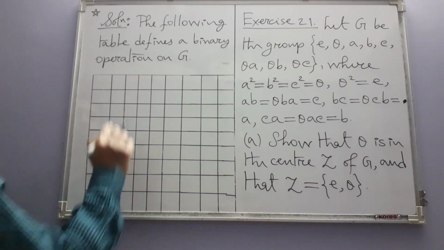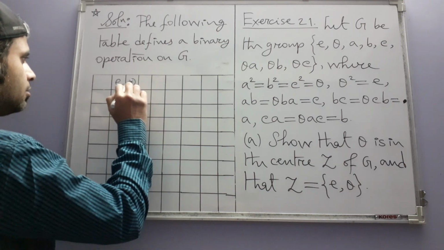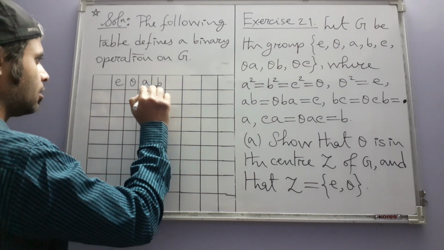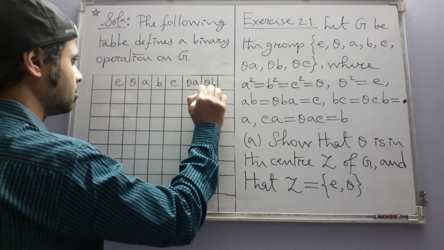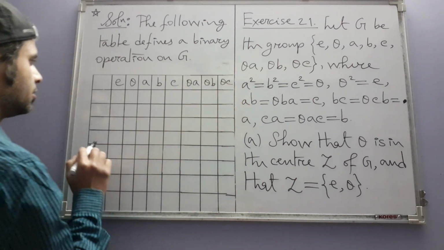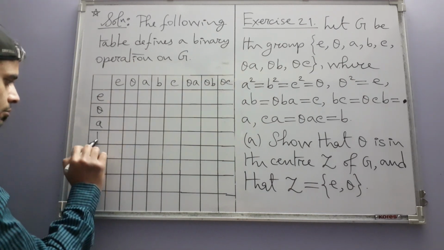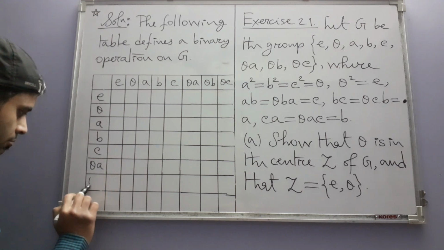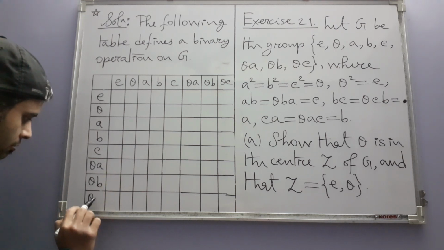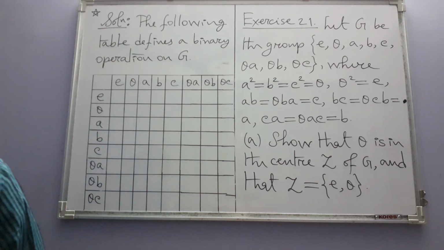Okay. So let's start writing the elements. E, theta, A, B, C, theta A, theta B, theta C. Okay, so let me now copy this thing carefully.